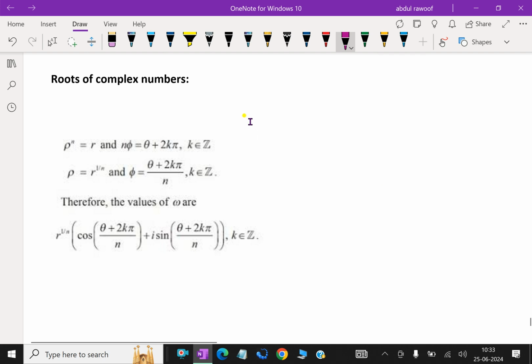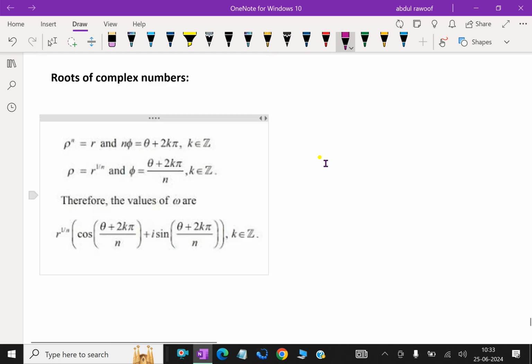Roots of complex numbers. Now, let us discuss roots of complex numbers. Suppose P power n is R and phi equal to theta plus 2k pi, where k is an element of Z. Then the root, that is P, is equal to rho equal R power 1 over n, and psi equal to (theta plus 2k pi) over n, where k is an element of Z. Therefore, the values of omega are the roots of the complex number.